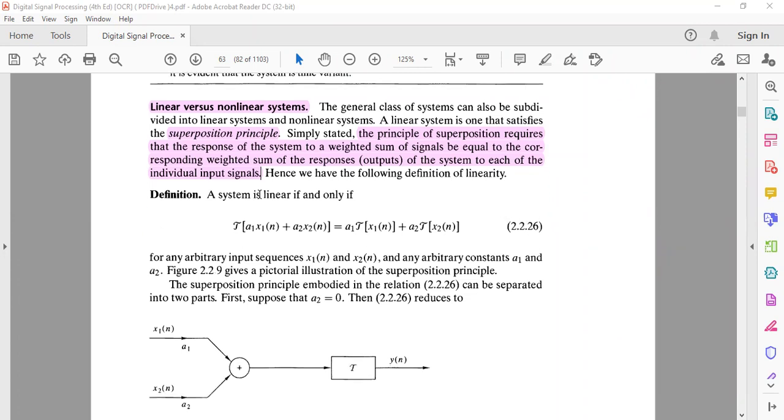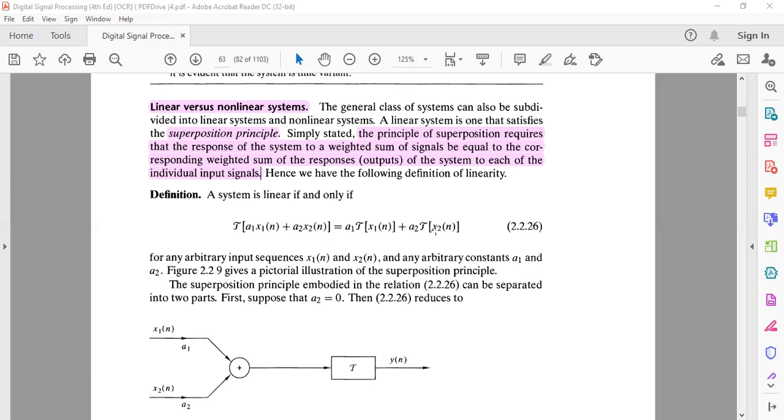For example, a system is linear if and only if the transformation on the different inputs x1 and x2 is equivalent to the sum of the transformations on each of these inputs.